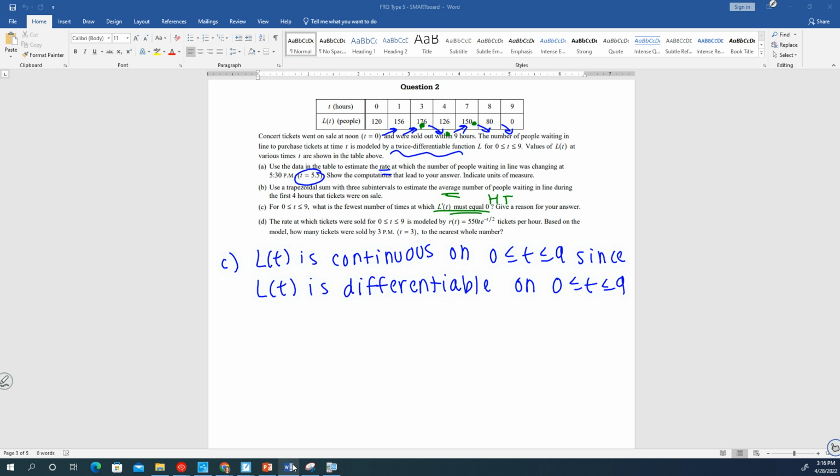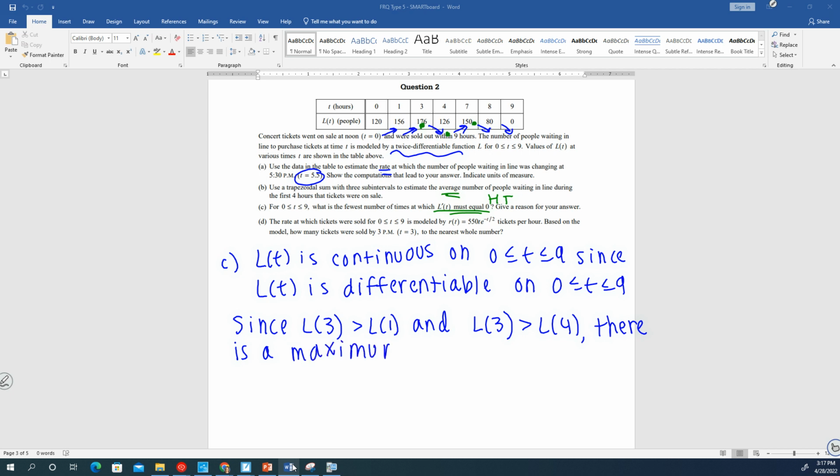Okay, so here's how I explained it in math language. Since L of 3 is greater than L of 1, and L of 3 is greater than L of 4, there is a maximum somewhere from 1 to 4.